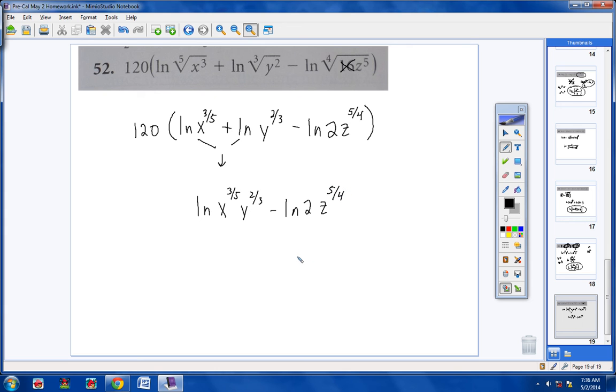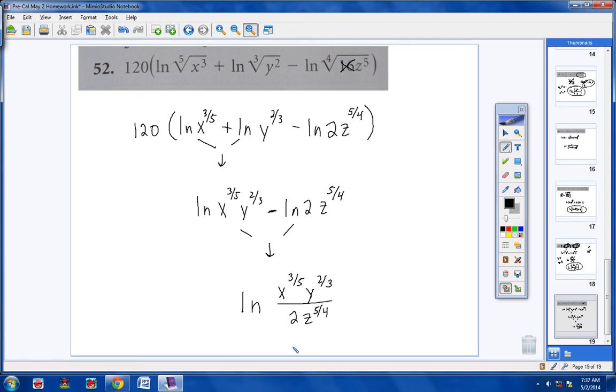Okay? Now, the two logarithms are being subtracted, so I'm going to take these two logarithms and put them together. I will have the natural log of x to the 3/5, y to the 2/3, all over 2z to the 5/4.